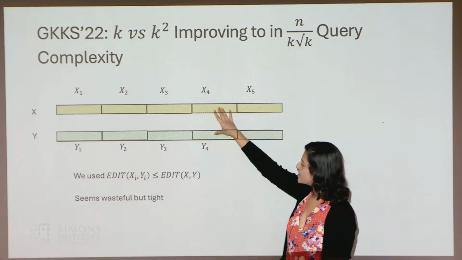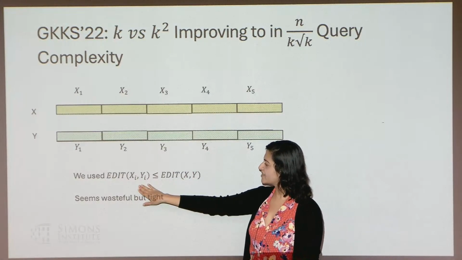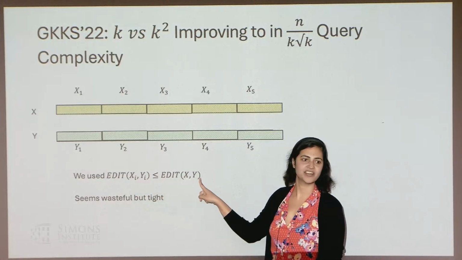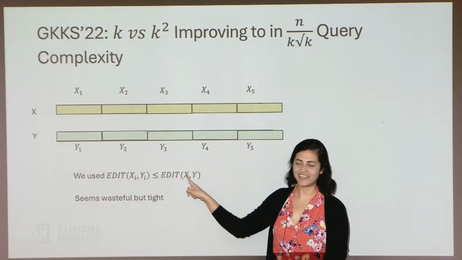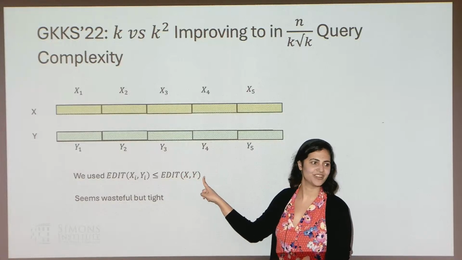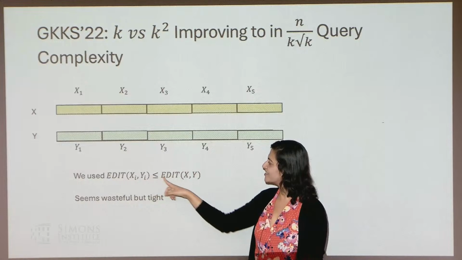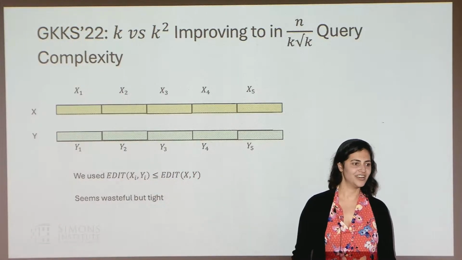Here we are using the fact that the edit distance of any sampled block is less than or equal to the edit distance of the overall string. And that seems like a kind of wasteful thing to do.